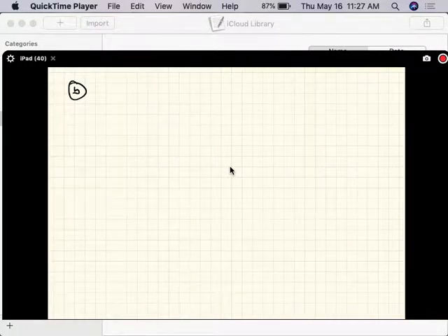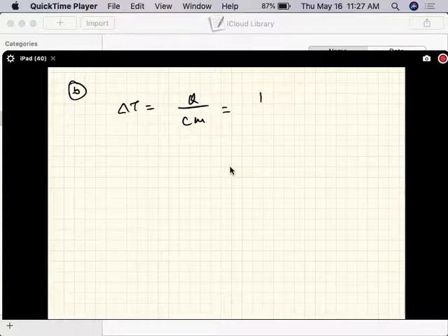So again, delta T is Q over C M. This time we'll do it in joules, because for concrete, 10 to the power 3 calories and 4.186 joules per calorie.